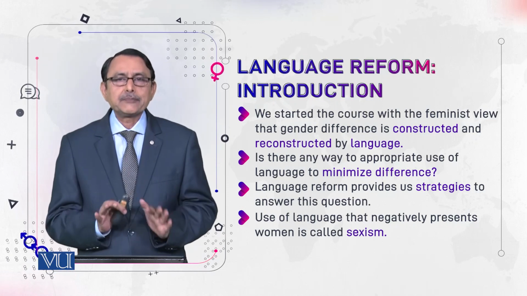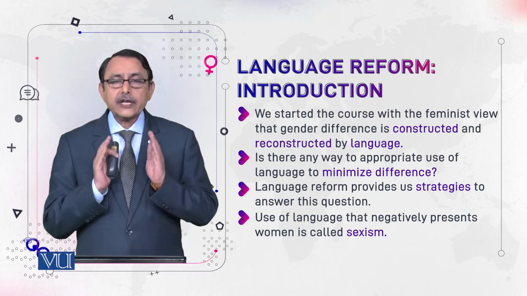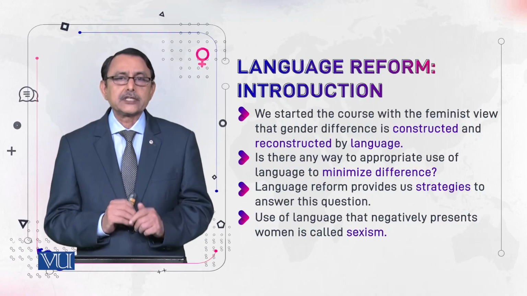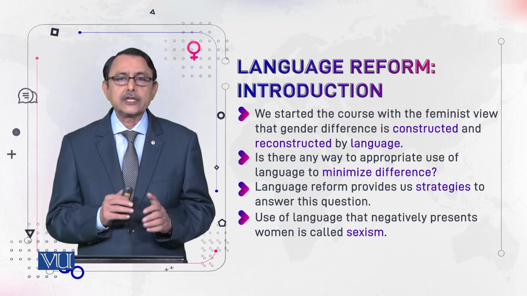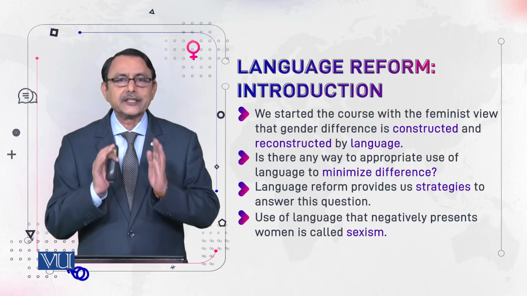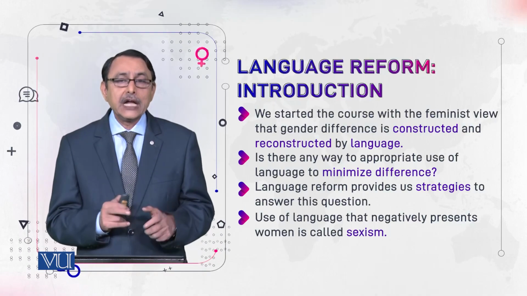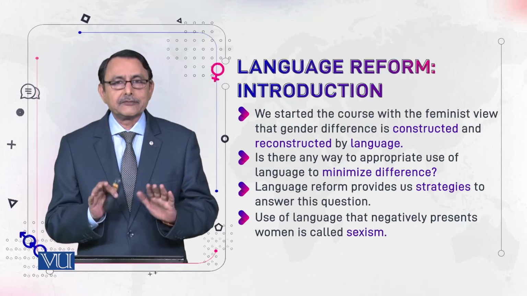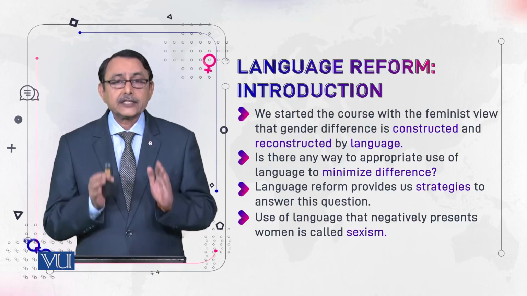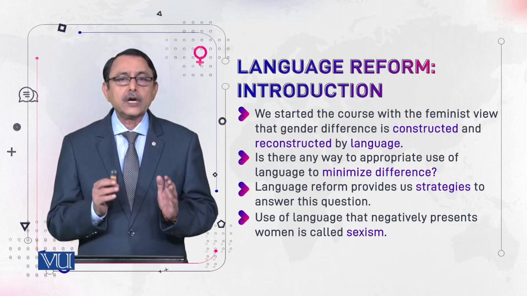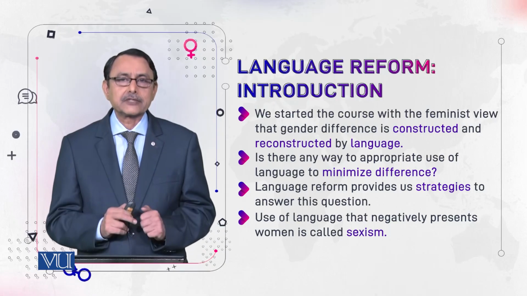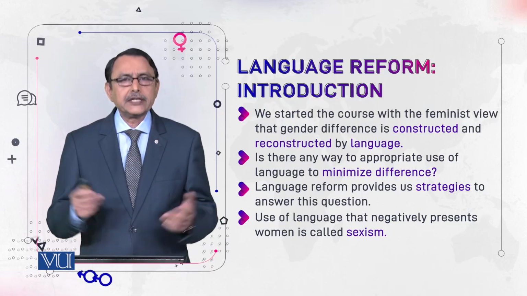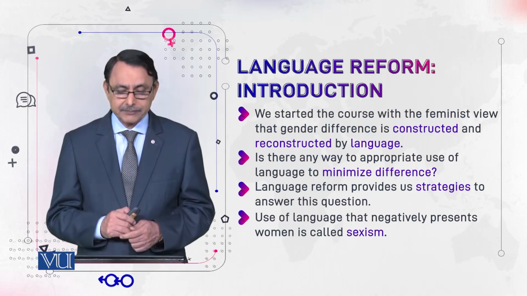So all this happens through language. So if we correct language, if we reform language, we can control this gender difference. This was their point of view. And this appealed to the linguists, and especially those linguists who are known as feminist linguists. We have studied them in the beginning modules.